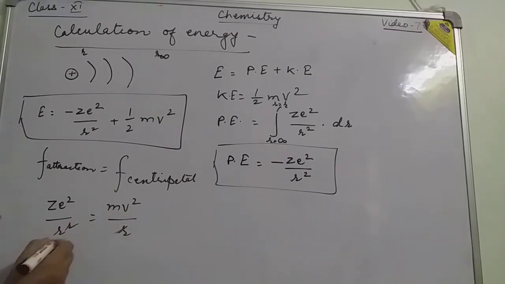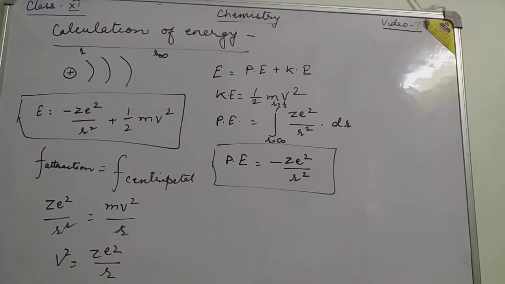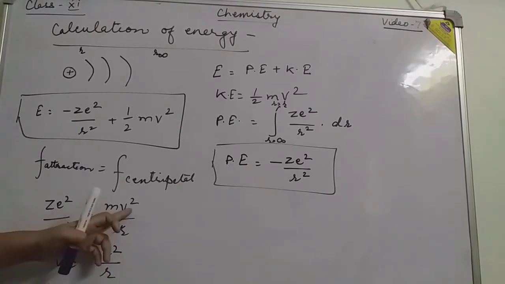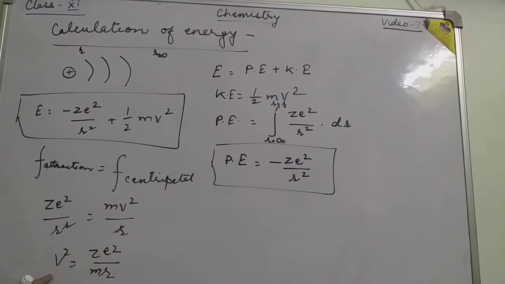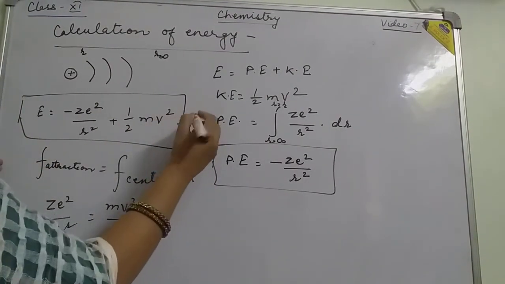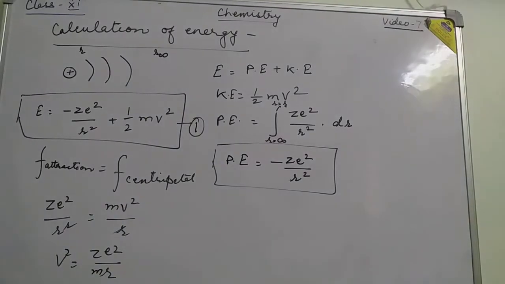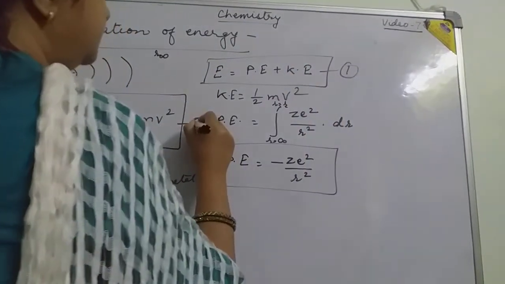By calculating it, we get v square is equal to Ze square by mr. We can use this v square in the equation. For this calculation it is equation 1, and this is equation 2.